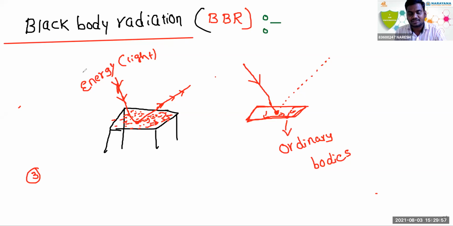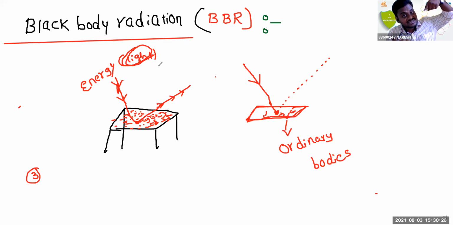That is light, like sometimes high frequency light, low frequency light. So when a radiant energy is allowed to fall on the surface of a metal, some amount is absorbed, some is reflected, some is transmitted.